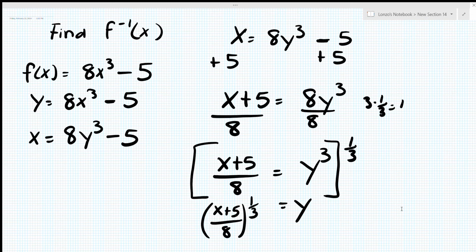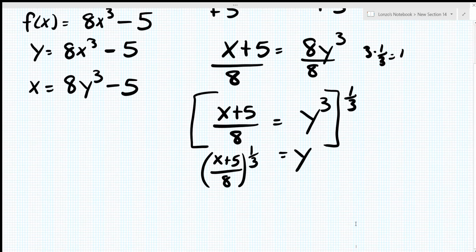Now, you could leave your answer like this, right? Or you can actually simplify it. Let's say I did want to simplify it, let's not put the 8 in the denominator. Let's put it in the numerator.